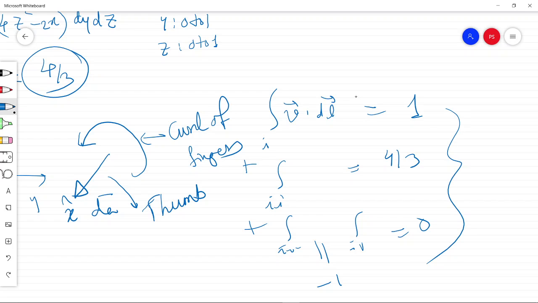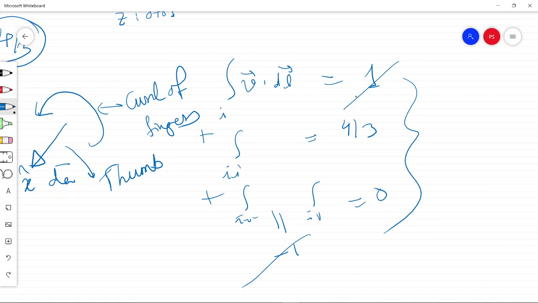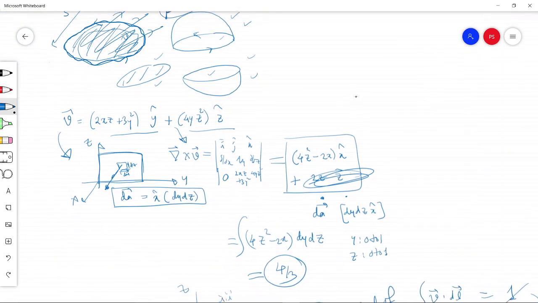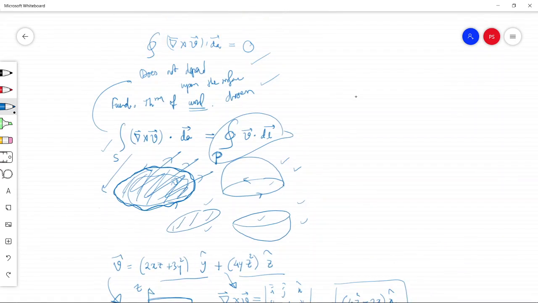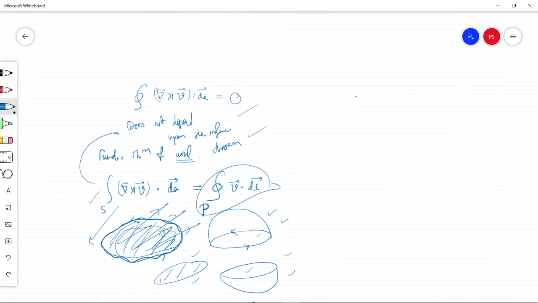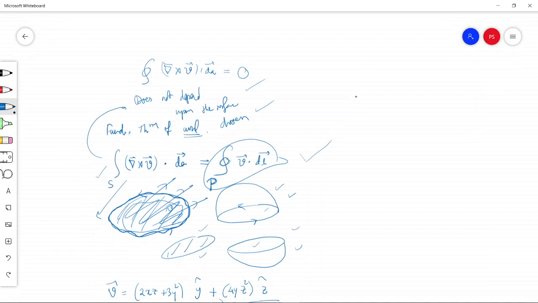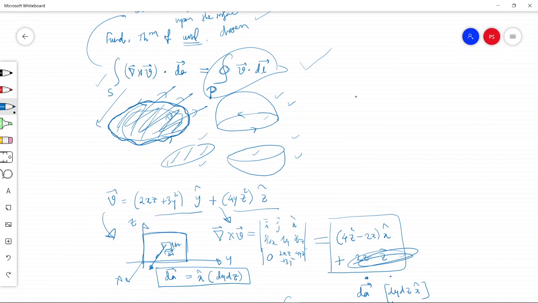So we add up these 4 values, these just cancel out, and what remains is 4 by 3. So yes, the right hand side is also 4 by 3. So in this particular case, the fundamental theorem of curl appears to work. We can verify this theorem for any number of such vector functions V bar, and we can always see that this theorem works for all such functions.